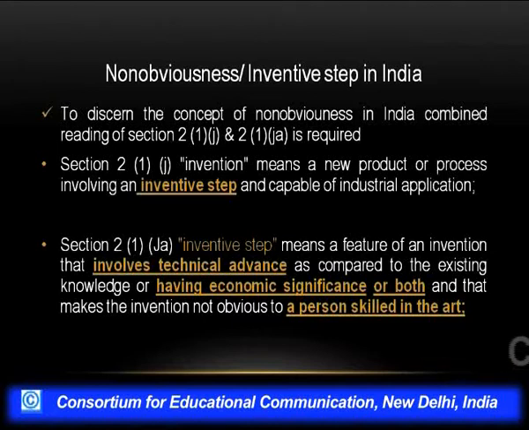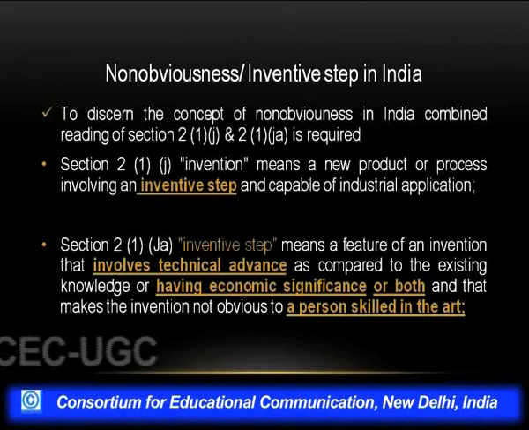This last part, highlighted by me, means that the person skilled in the art must not know it. It should not be obvious for him. Obvious for whom? Obvious for the person who is skilled in the art.